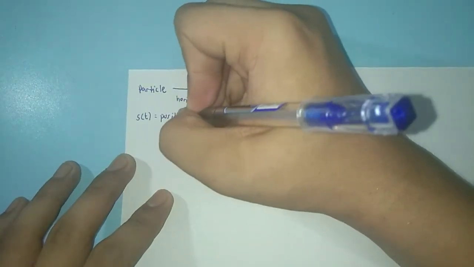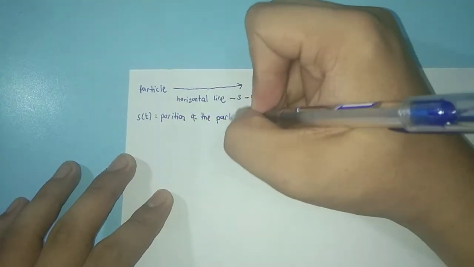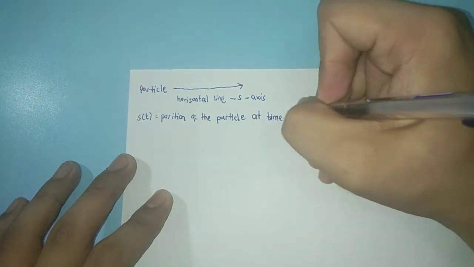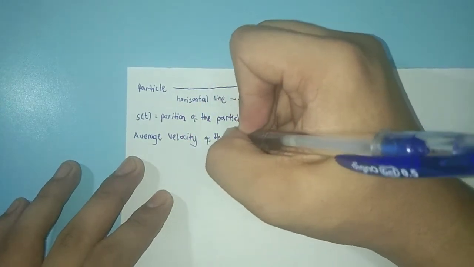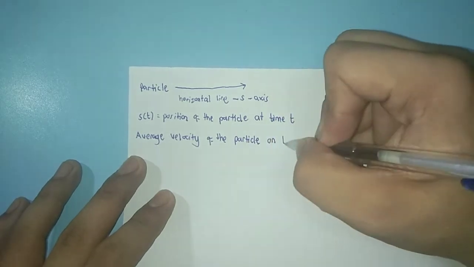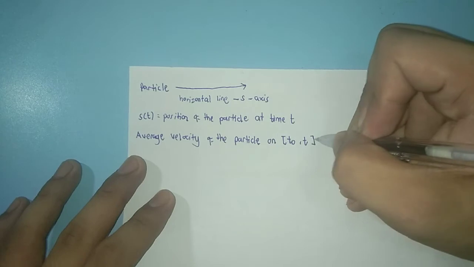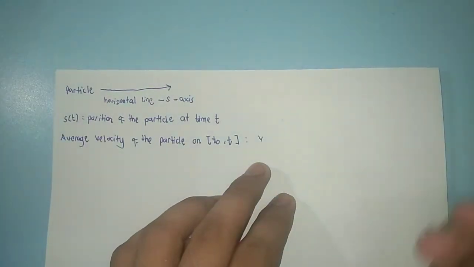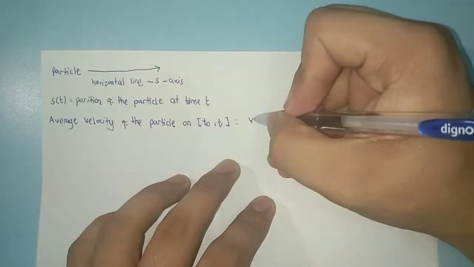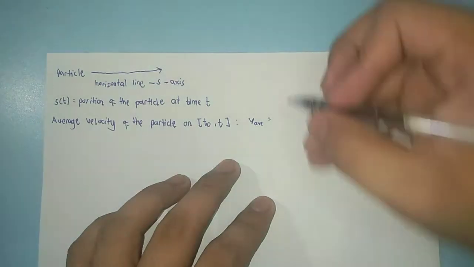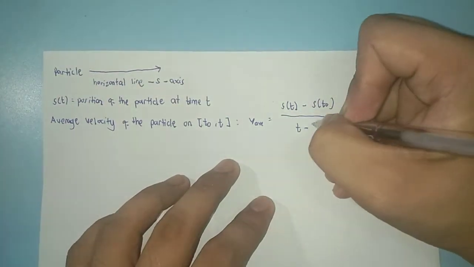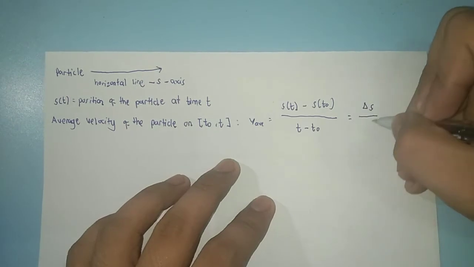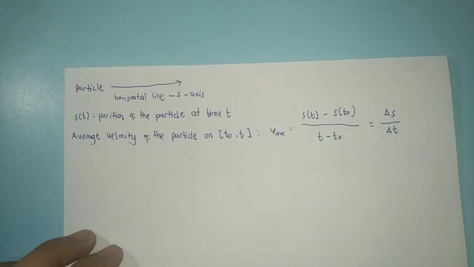Then, yung average velocity of the particle on the interval t naught, t will be, mula dun sa formula ng average rate of change, V average velocity equals S of t minus S of t naught all over t minus t naught, or we have delta S over delta t. So ito yung average velocity.